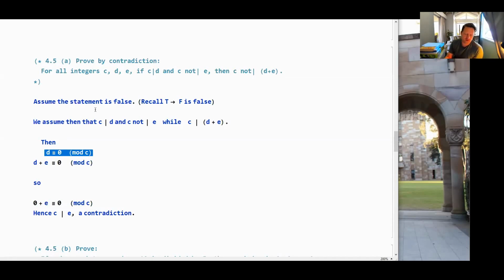If C divides D, then D divided by C is an integer. And so you can express that as D equals C times some other integer plus 0, where 0 is the remainder. Okay, so I've just translated the statement that C divides D into a congruence.